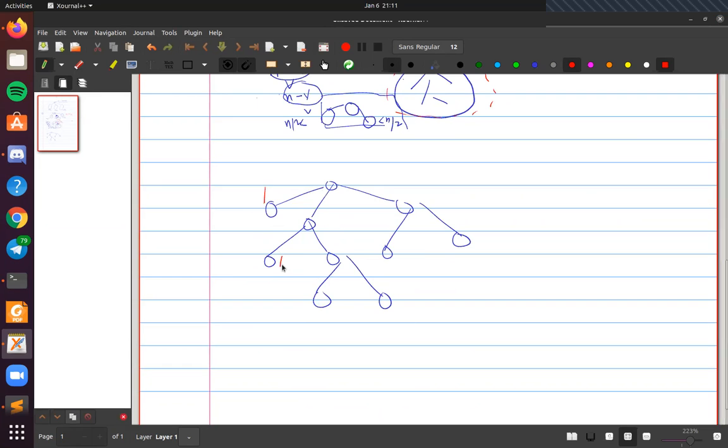It is 1, 1, 1, 1, 2, 3, 3 plus 1, 4 plus 1, 5, 3, 1, 1, and 10. So the first step is to run DFS and assign the sizes. The second step is to start from the root.